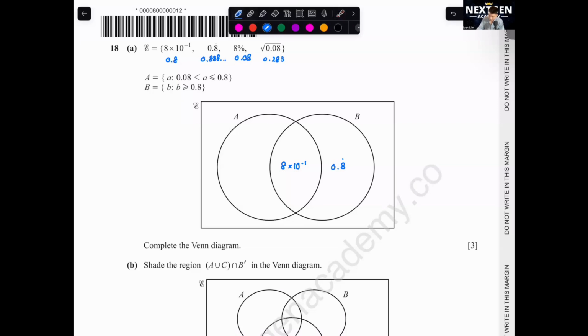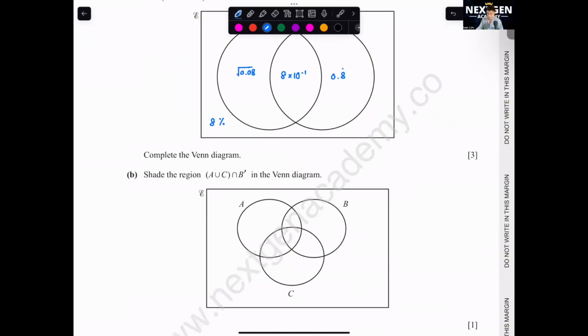They say A, how do we read this one here? A is more than 0.08. Since 0.08 is not equal here, it will be out of A itself. So 8% will be outside here. Then the last one, 0.283, will be within this part here. So here will be square root 0.08. Okay, this is your Venn diagram.